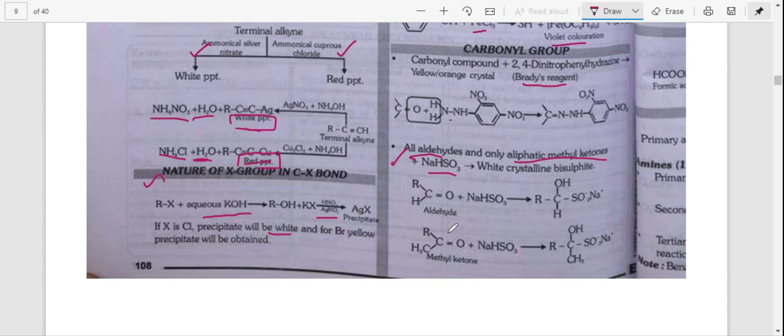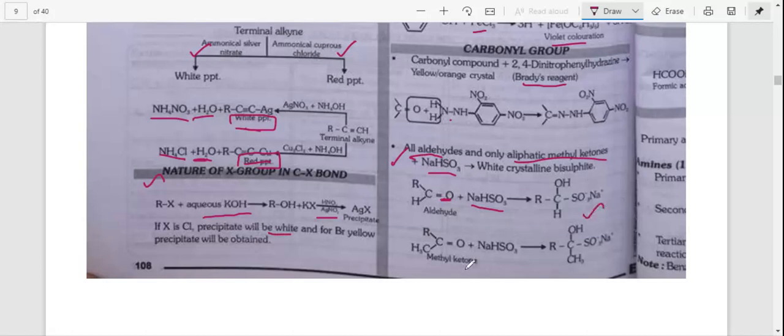See here, this is an aldehyde, and when reacted with NaHSO3, it gives white crystalline bisulfite. The OH has been taken this side, an H has been added to the double bond O, and another group SO3Na has been added to the carbon. So the compound looks like this.